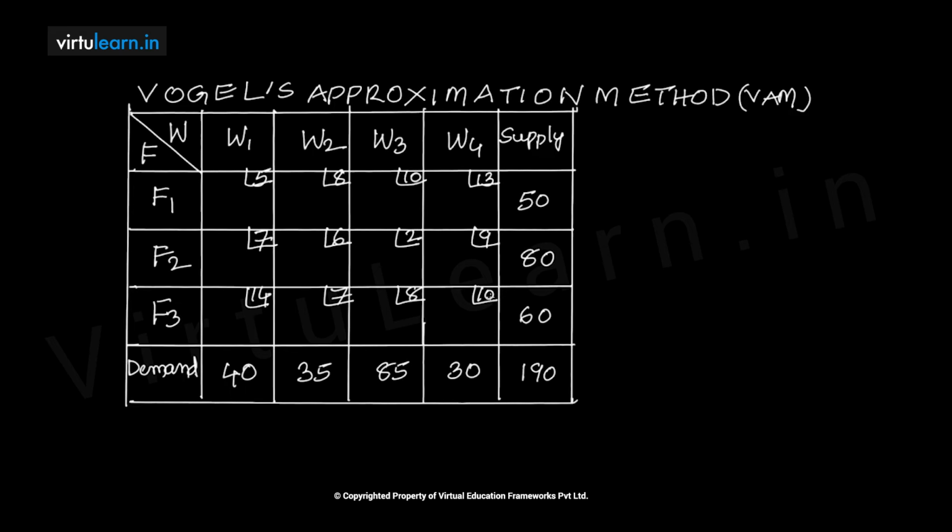Now we'll see the F1 row. You can see this cursor. In this, the lowest value is 5, next lowest is 8. So we'll write here row penalty, and similarly here we'll write column penalty.